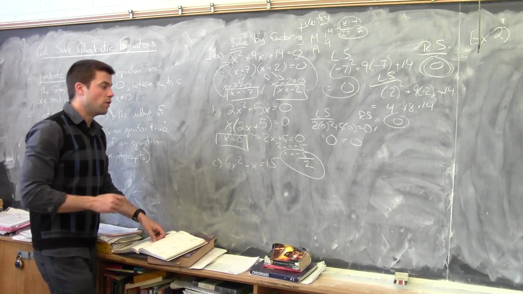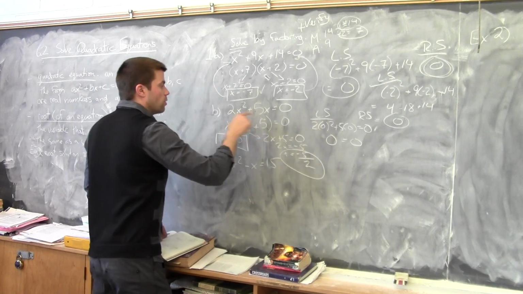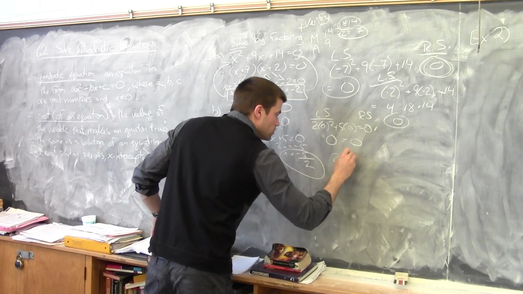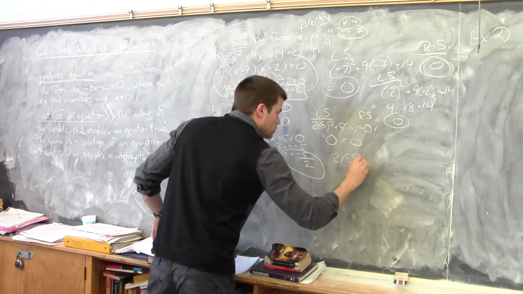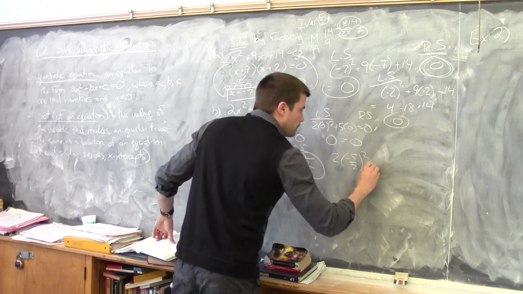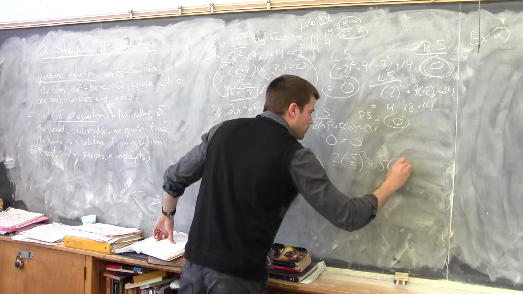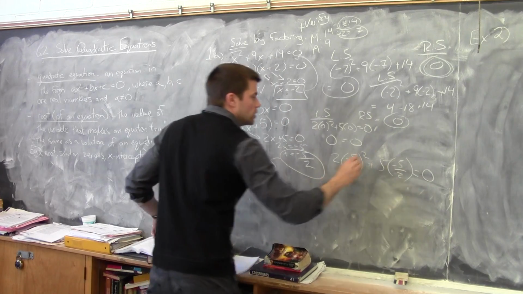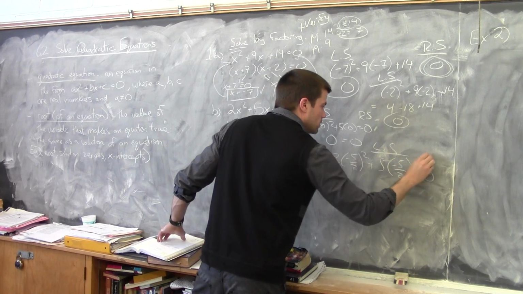And to verify that, you'd plug it in. I plugged in the 0 already. Now if I plug in the negative 5 over 2, I'm going to have 2 times negative 5 over 2 squared. So we want to check, sorry, this is left side and this is right side.